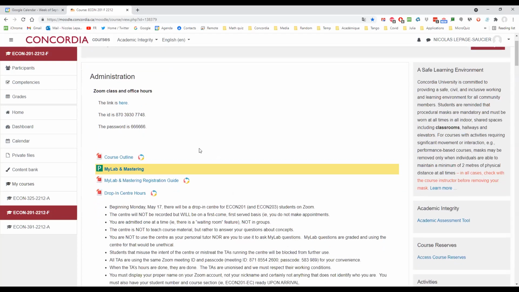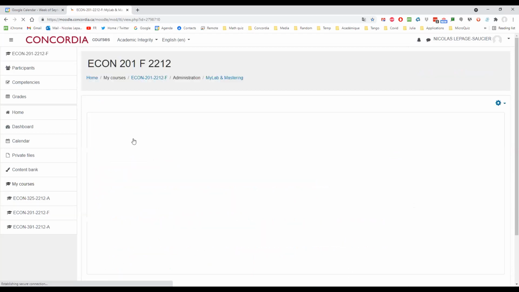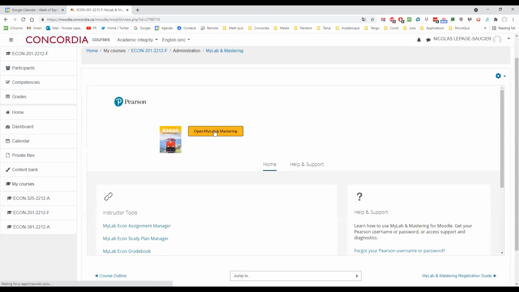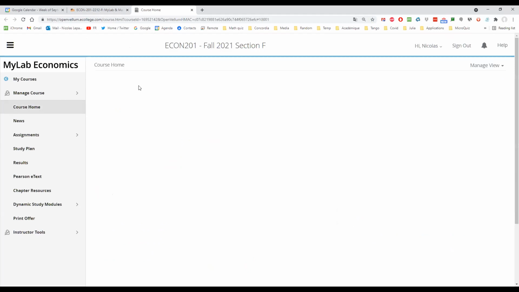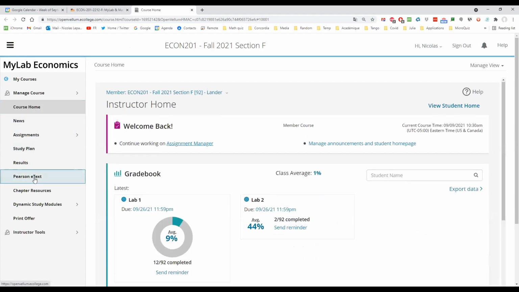Is it 201? Yeah, that's 201. You click on MyLab and Mastering, and then open MyLab and Mastering. Then you have this pop-up. Yeah, that's Pearson. Okay, I have access to Pearson. And then the book is Pearson eText, I think.